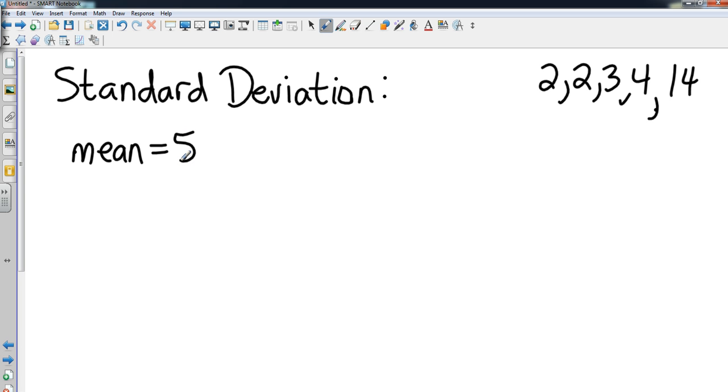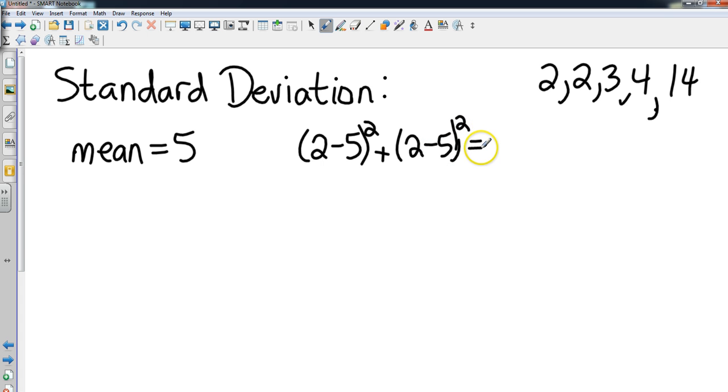And now we're going to find our variance first. What we're going to do is square the difference between each number and the mean, and then add those together and divide by 5. So again, square the difference between each number and the mean. So we're going to do 2 minus 5 squared. Okay, 2 minus 5 squared. And then we're going to add to that 2 minus 5 squared.